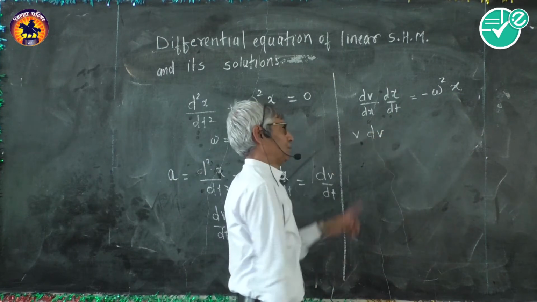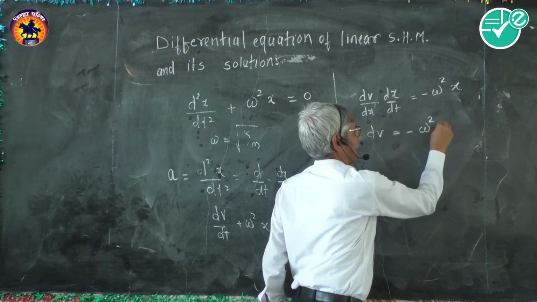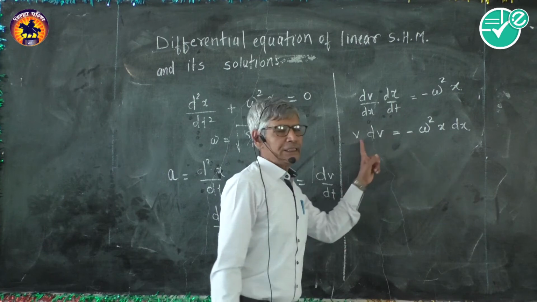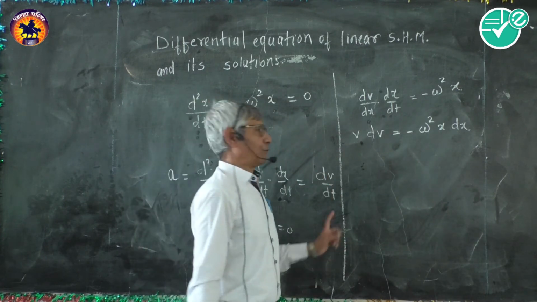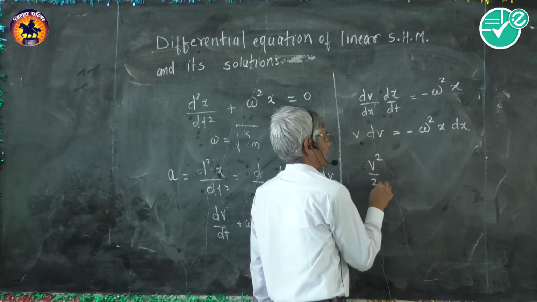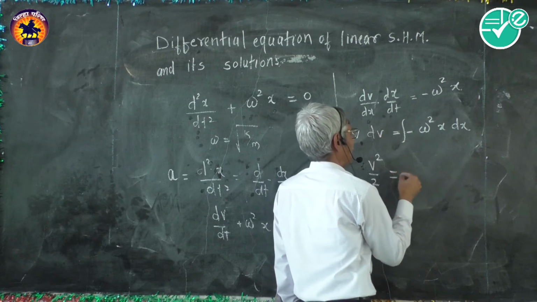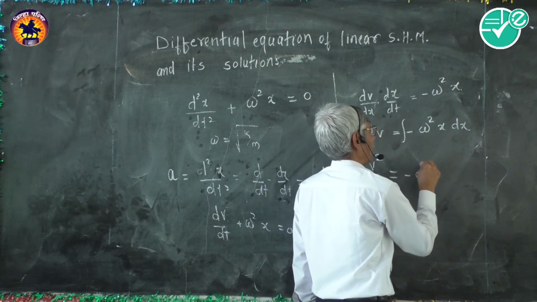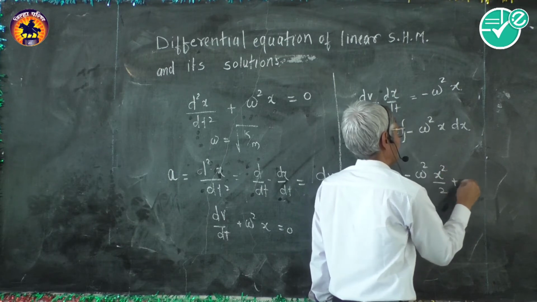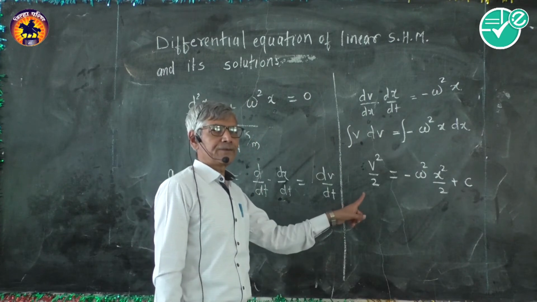So the equation becomes v dv is equal to minus omega square x dx. Integrating this equation, we obtain v square by 2 is equal to minus omega square into x square by 2 plus c, where c is constant of integration.